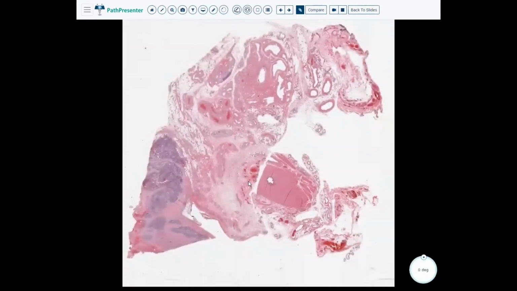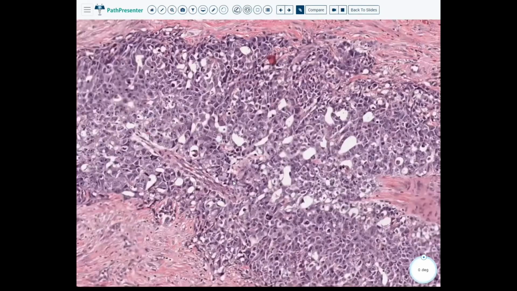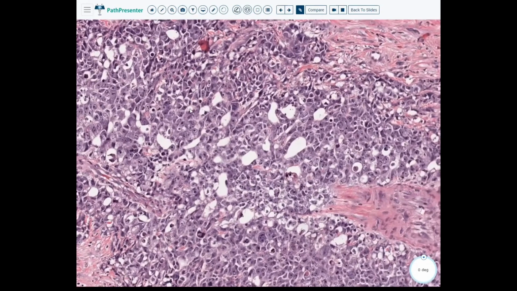Okay. Our next case, so still within the testes. And while this looks relatively bland, this blue area is really where we want to focus our attention, I think. So let's go in here. Right. And what we see here is very different from what we saw with our seminoma.